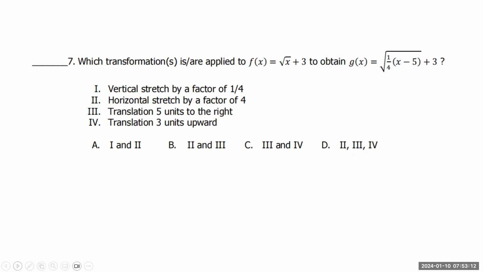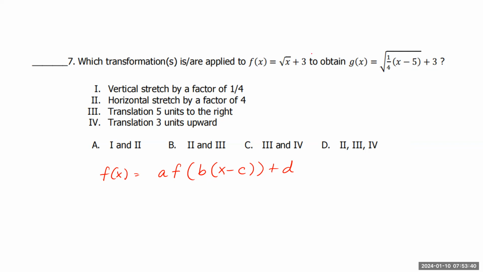Number 7, which transformations are applied to f to obtain g of x? Again, we write our general form, a f of b times (x minus c) plus d. Overall, we have 4 variables: A, B, C, and D. So what do we have here?